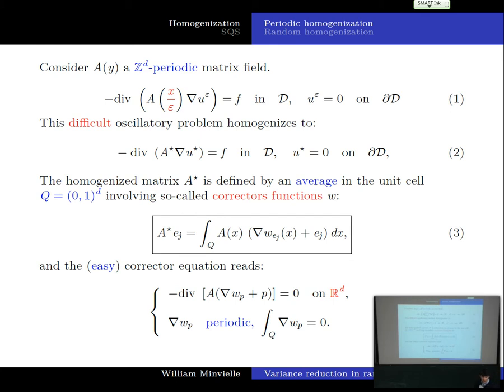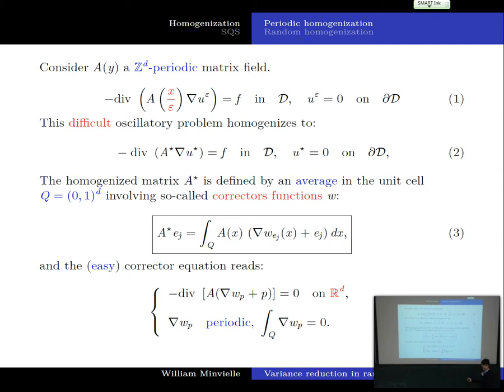And secondly, the second statement is the fact that you've got a formula for A star, which is linked to the fact that A has some structure, and the formula is just some average of A. So let's forget about this part for now. This is just an average of A, except for a tiny correction, which is solved using the so-called corrector equation.